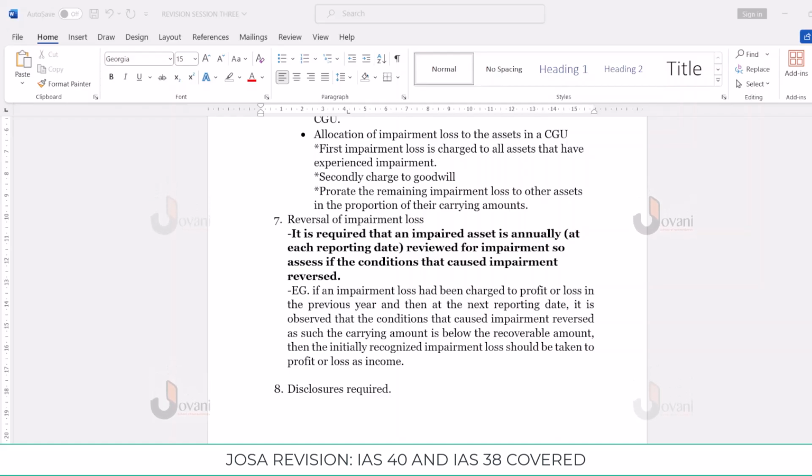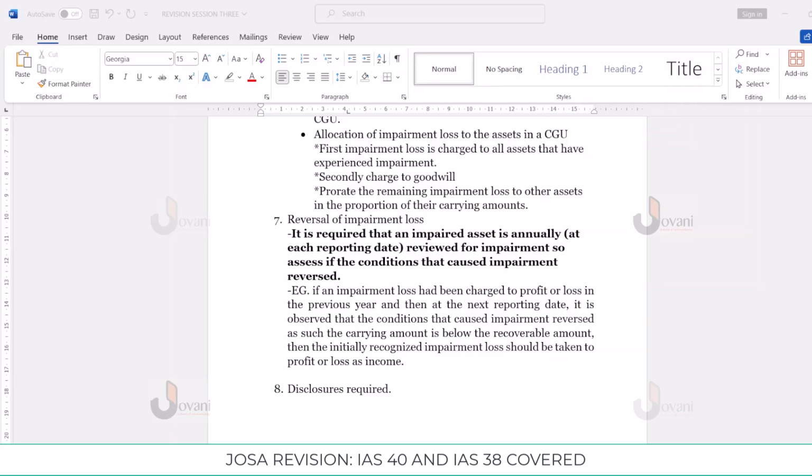Now, my point is, I had some concept on this that I would want to make clear. The statement of profit or loss that was affected by the impairment loss was the one from the previous year. Now we want to reverse the affected profits of the previous year.